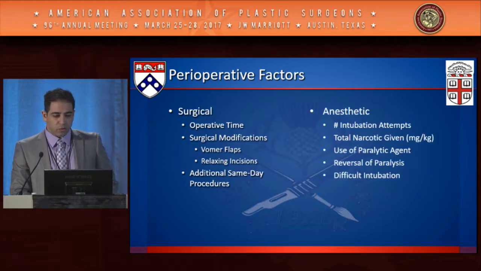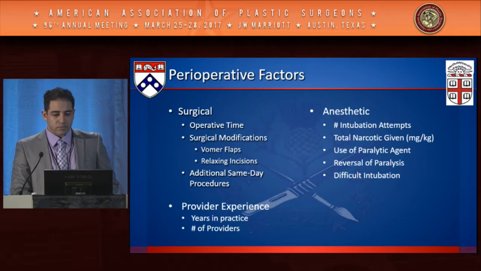And anesthetic factors included the number of intubation attempts, total narcotic dose administered, the use of a paralytic agent, and whether or not it was reversed, as well as the presence of difficult intubation preoperatively. Finally, provider experience was reviewed and defined as the number of years in practice, and unique to anesthesia, we looked at the number of provider handoffs.